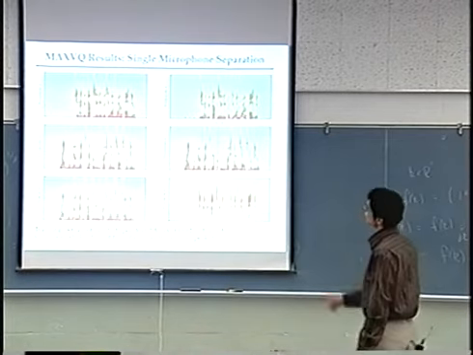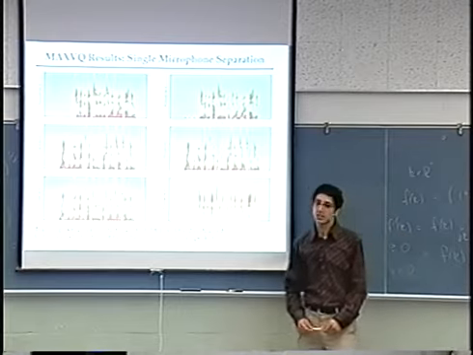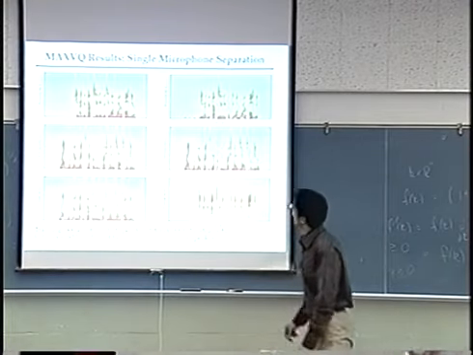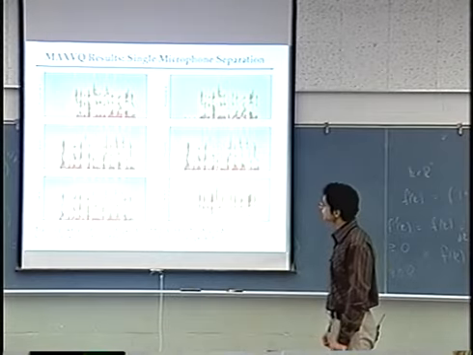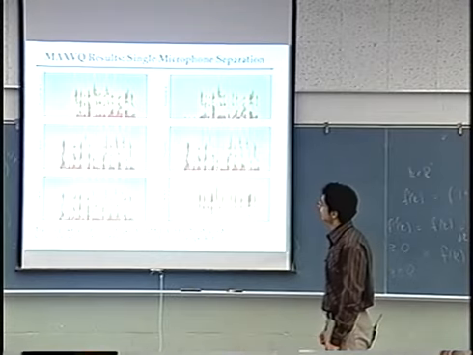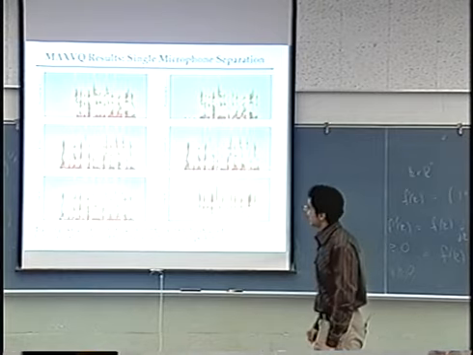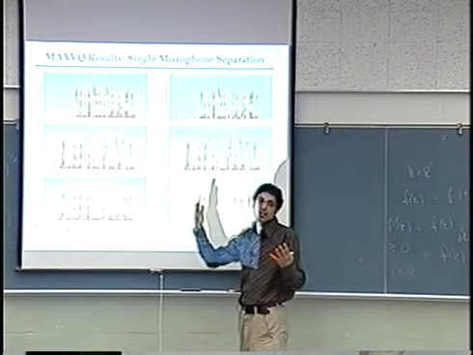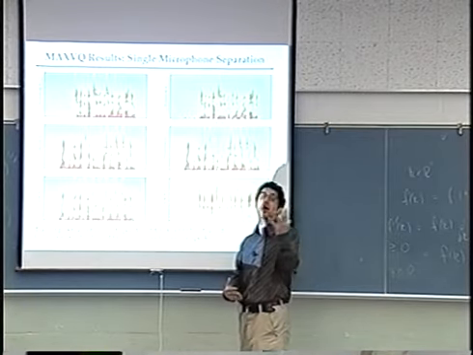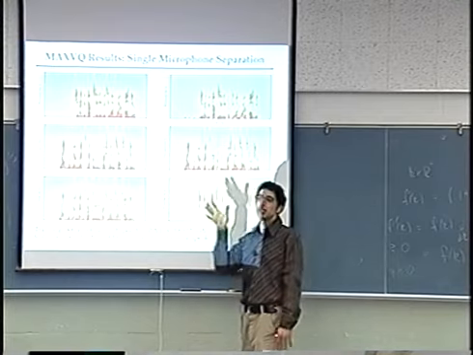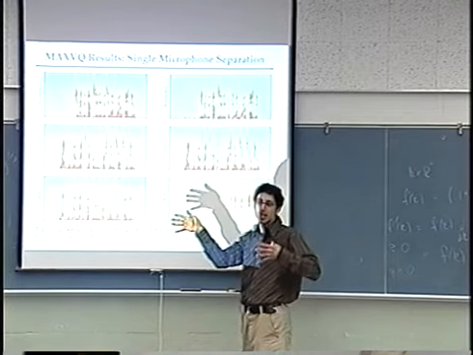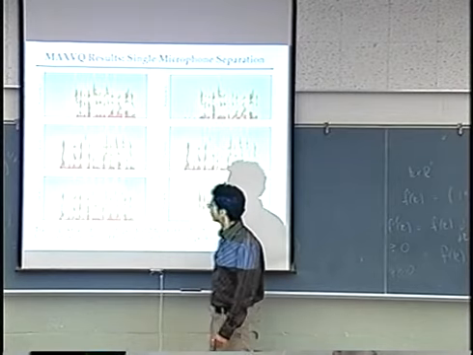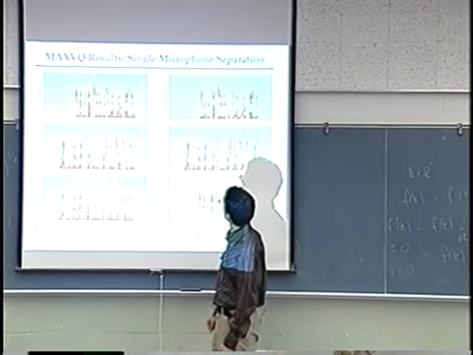Here are some results on single microphone separation. This is a recording that has two speakers blended together. You can apply this denoising algorithm the same way, except instead of training one codebook on noise and one codebook on speech, you train it on one speaker and on another speaker, and you do exactly the same thing, and you can recover the sources.